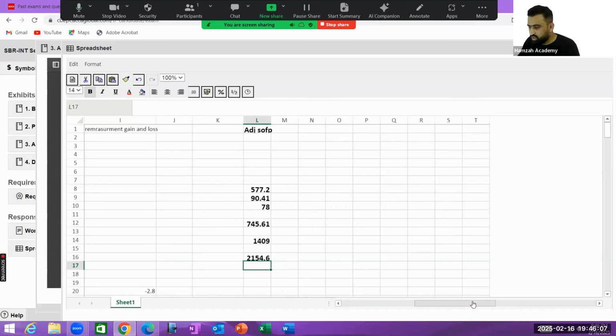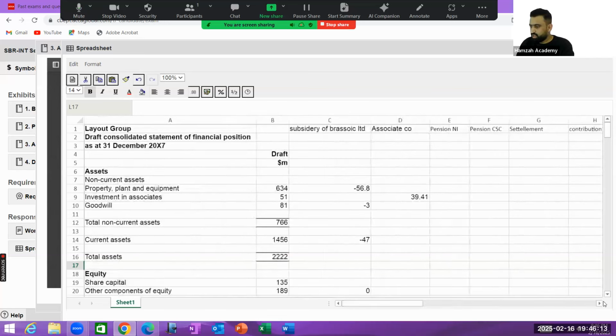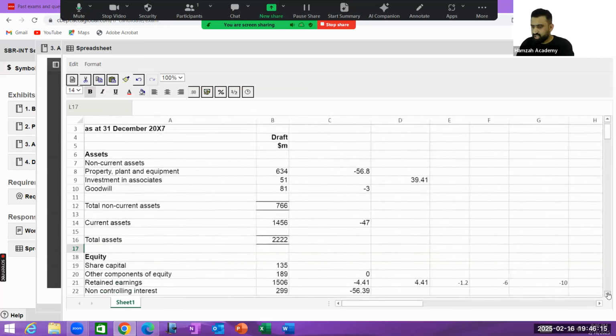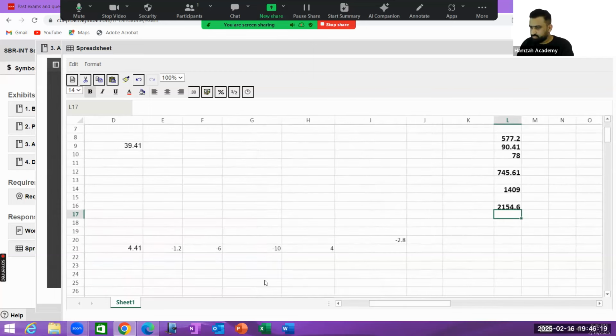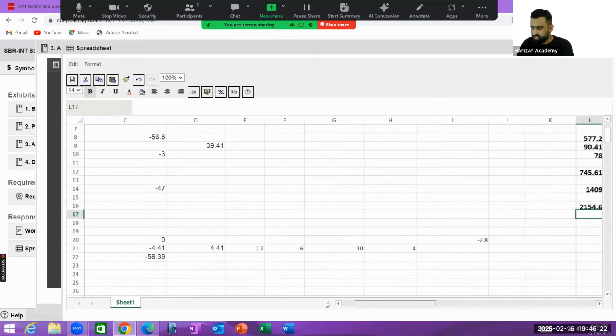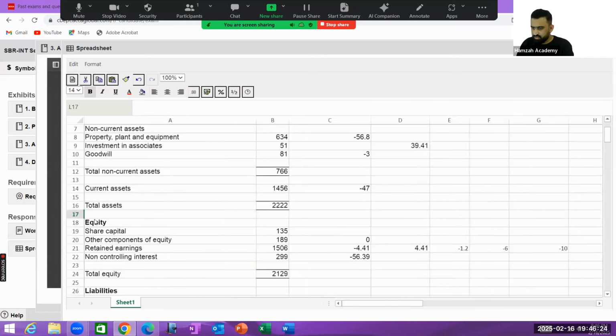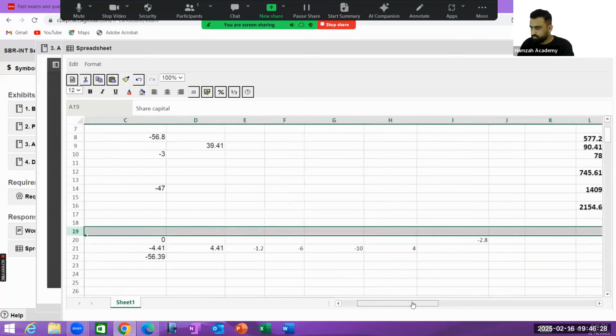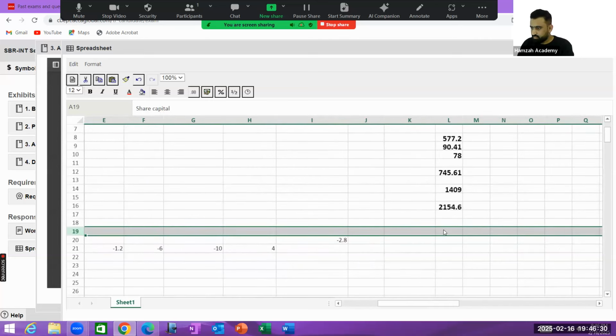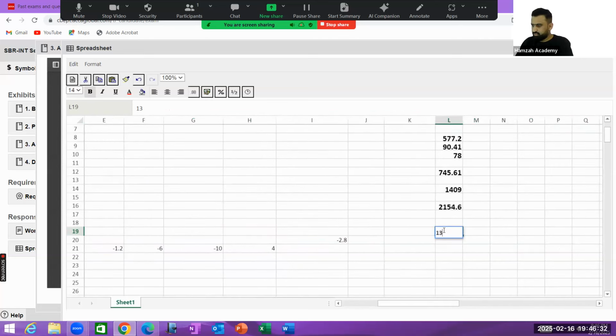So now the adjusted total assets are 2,154.6. There would be no change in share capital. It will remain the same, 135. Let me check the cell number, 19. $135. Other comprehensive equity will remain the same, 189.